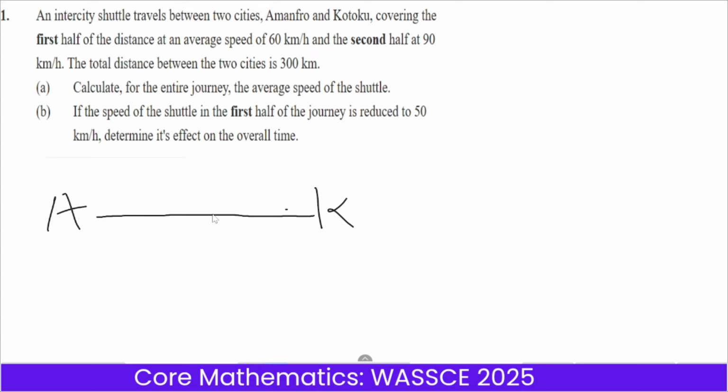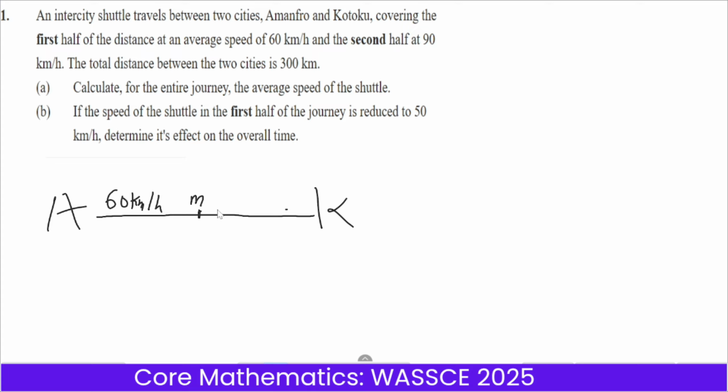What do we do here? Let's say we have our midpoint. Let's call the middle of the journey M, and agree that from the first point, Amanfro, to the middle of the journey, we have 60 kilometers per hour.